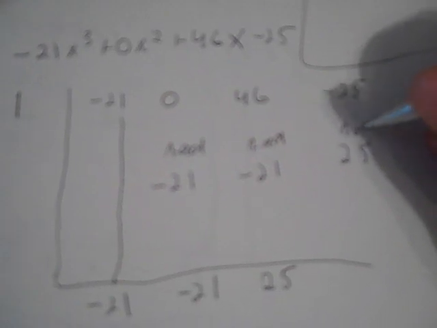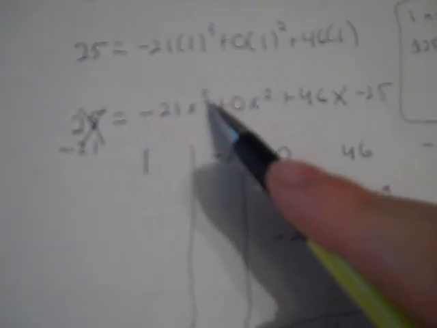Negative 21 times 1 is negative 21. That's 25. 25 times 1 is 25. That's 0. So the negative 21 goes from an X to the third to an X to the second, minus 21X plus 25 equals 0.